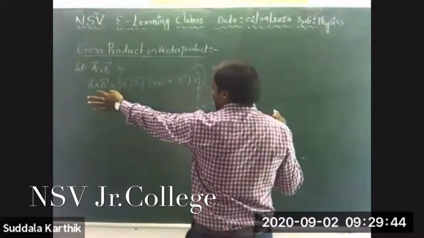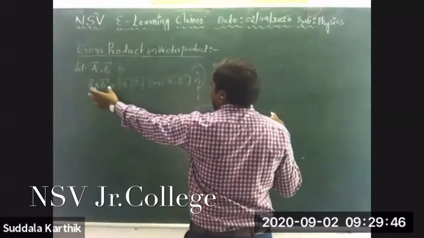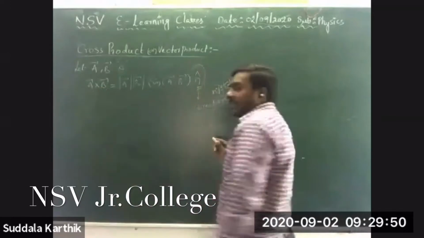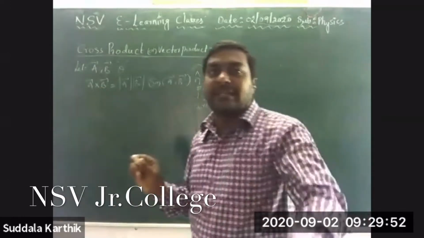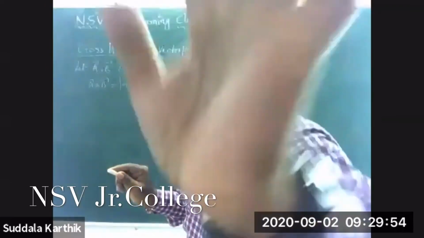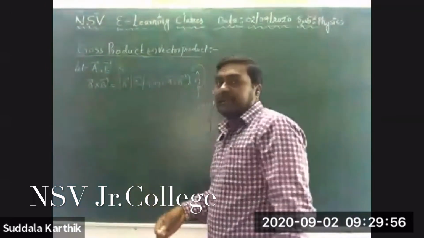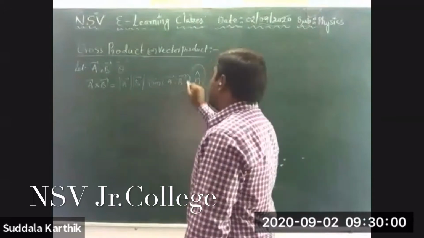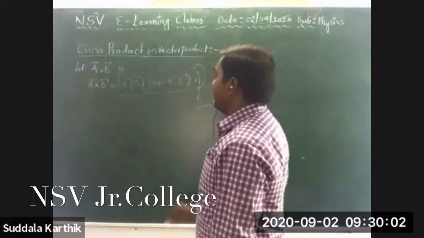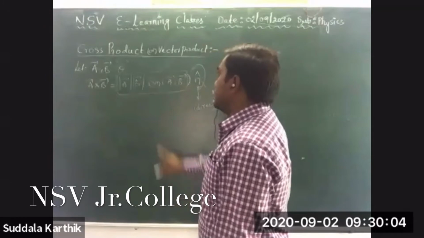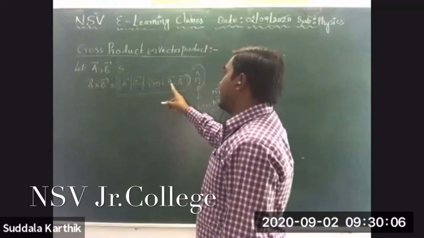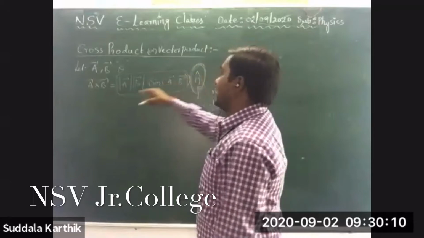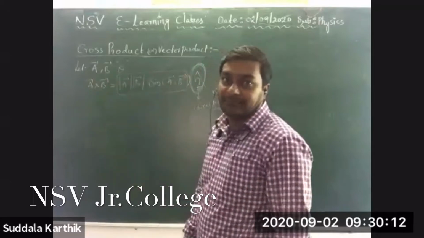So A bar cross B bar is simply the cross product of any two vectors, and you will get the result as a vector again. This is the magnitude: magnitude of A bar, magnitude of B bar, sine of the angle between A bar and B bar, and this gives the direction of the resultant vector.